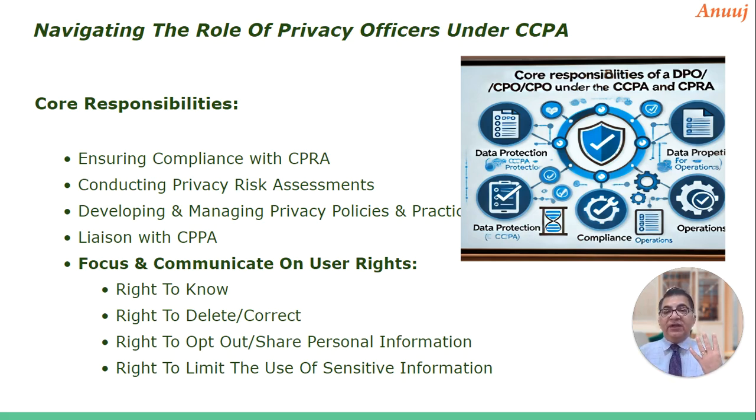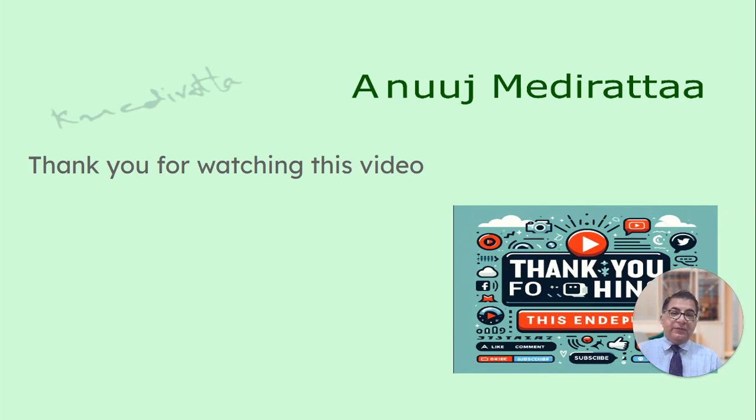So these are the four key rights that CCPA gives to a user, and it is the CPO's job to ensure that a user's four key rights are taken care of. Right to know what information you have, right to delete that information or get it corrected if I feel it is wrong, the right to opt out of sale and sharing of my personal information, and right to limit the use of sensitive information. So that's the role of a CPO, Chief Privacy Officer, when it comes to the Californian law.